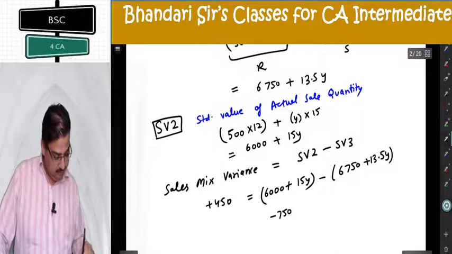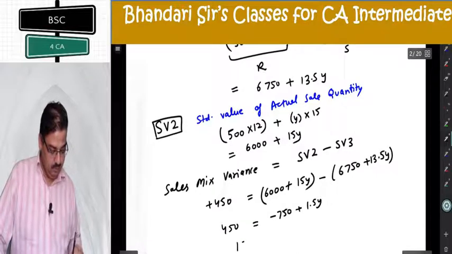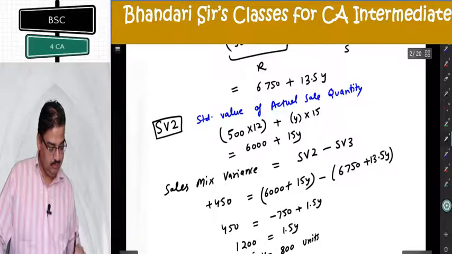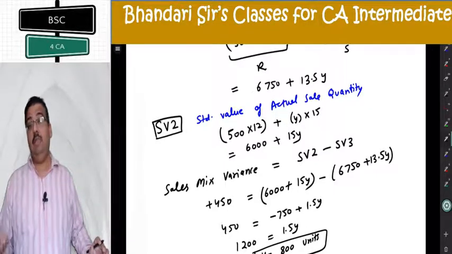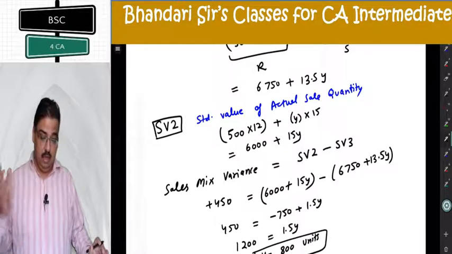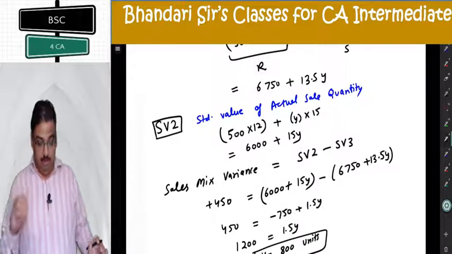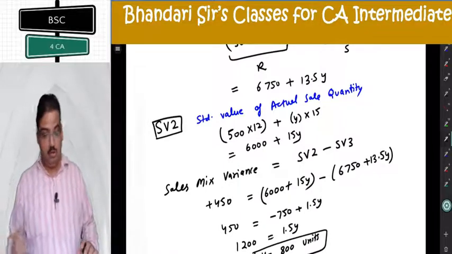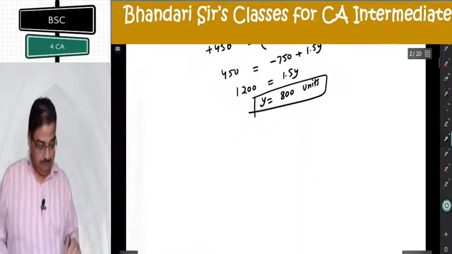Minus 750 plus 1.5Y is equal to 450. 1200 is equal to 1.5Y. Y is 800 units. Having got basic data here, I can compute all the variances which are wanted by the question. So I will compute for product R also, for product S also, for company as a whole also, sale price variance and volume variance. So I am computing all the steps here.